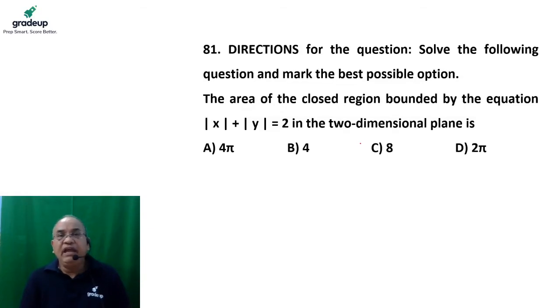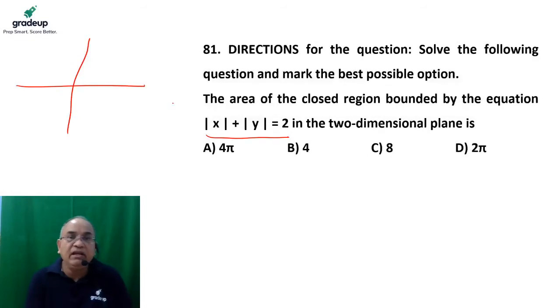Okay, the area of the closed region bounded by this equation. This is definitely a linear equation, and we need to find the area bounded by this. So if it is an xy plane, if we take x and y both positive, then this line will intersect the x-axis at 2 and the y-axis at 2 also.